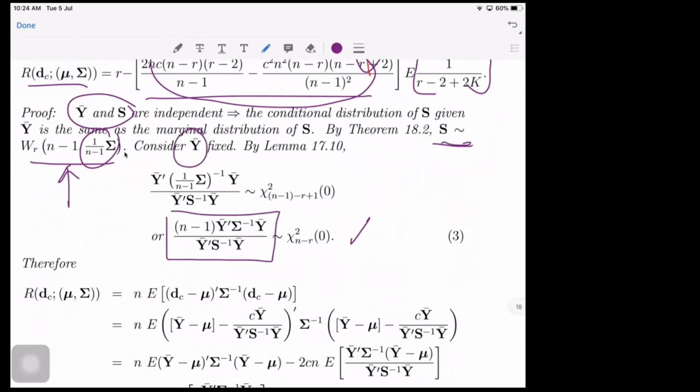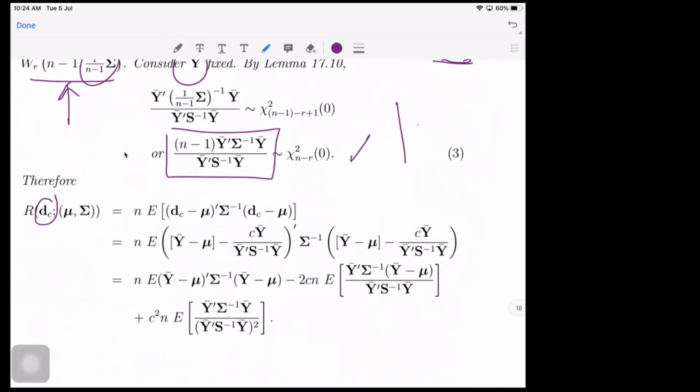S is Wishart. Y bar with this transformation, so that when you get the expected value of our statistic D, this is the formula of our statistic D, expected loss. This is the expected loss, the loss function associated when using your D. And then you do some manipulation. What happened here?